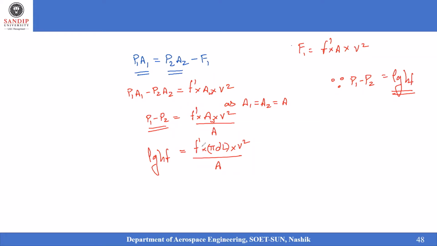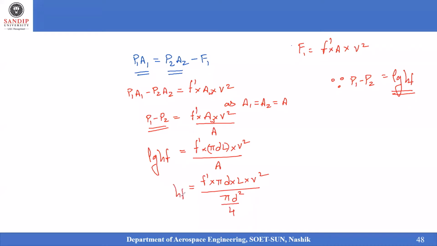Substituting that expression here, rho g hf is equal to f dash into pi d L into v square by A, where A is nothing but the area of the pipe. So let me write the expansion of that equation, that is pi into d into L into v square divided by pi d square by 4, where I'm writing the area of the pipe as pi d square by 4.